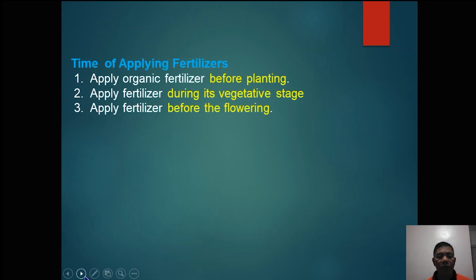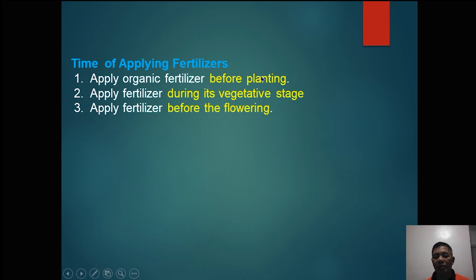All right. In terms of time of applying fertilizers, if possible, apply organic fertilizer before planting. That's basal application, right? Sometimes we apply chicken dung, we apply hog manure, we apply guano. That's the best way to apply fertilizer.